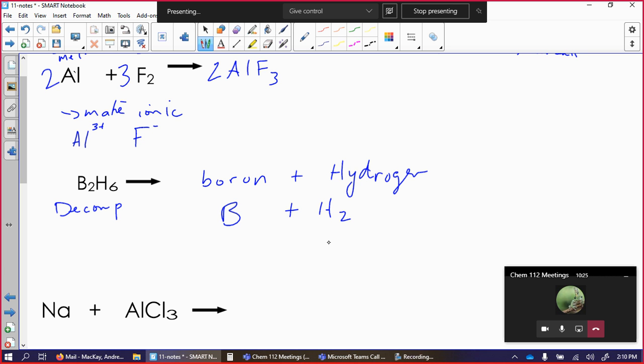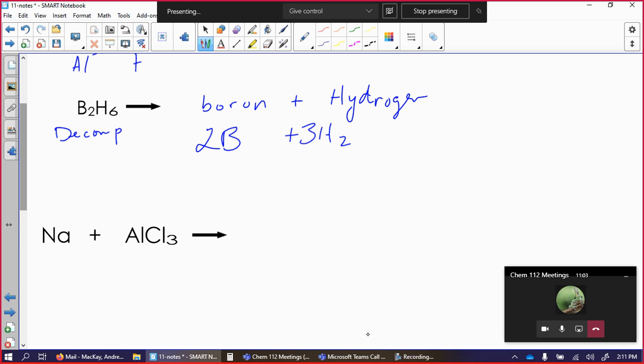So whatever elements are there, if you write that as H, it's not correct. When you produce hydrogen, oxygen, fluorine, chlorine, bromine, iodine, hydrogen, nitrogen, they're going to have to be diatomic. If you wrote B plus H and did, well, this one's going to be a 2, and you put a 6H there, straight up, I'll give you marks for that, but not for that. That's a 3, boron plus hydrogen.